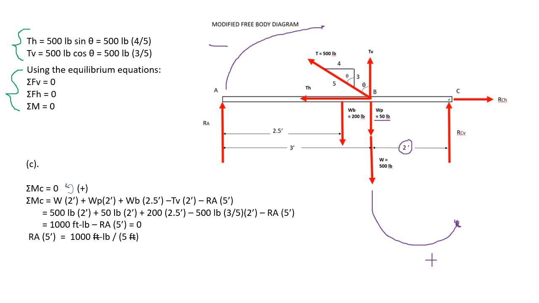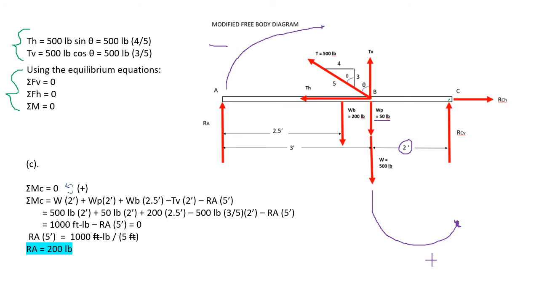Therefore, we can now transpose the reaction at A times its perpendicular distance about C. So therefore, dividing both sides by 5 feet, we can cancel the feet. Then 1,000 over 5 is equal to 200 pounds.